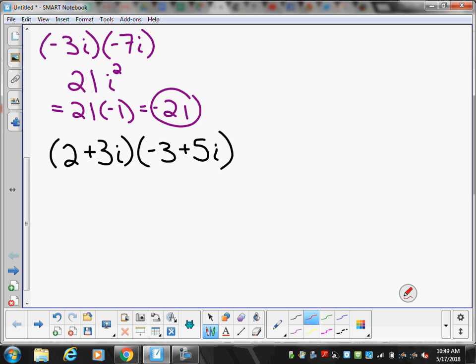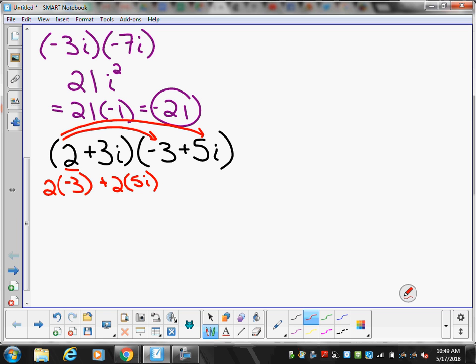So what we're having to do here is distribute. And so I always start, for me, with this first term, and I'm going to multiply it by each of the terms in the other parenthesis. Okay? So I'm just going to write it down here. I have 2 times negative 3 plus 2 times 5i.